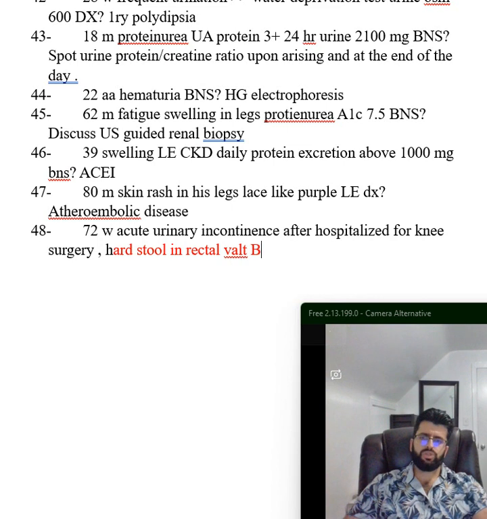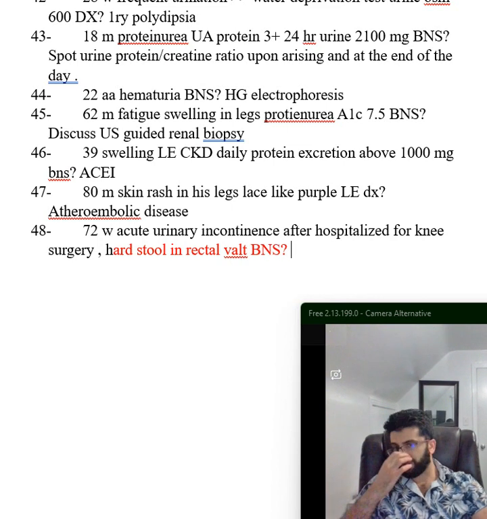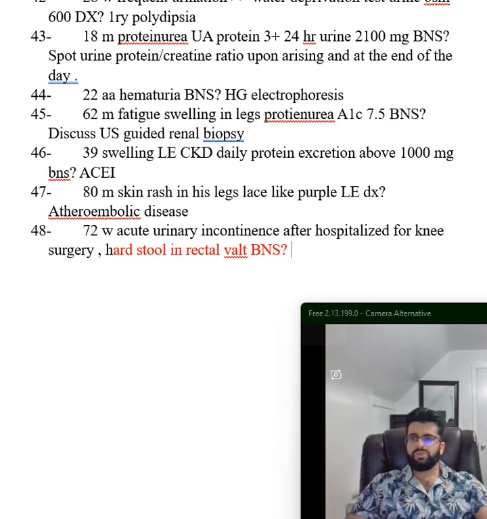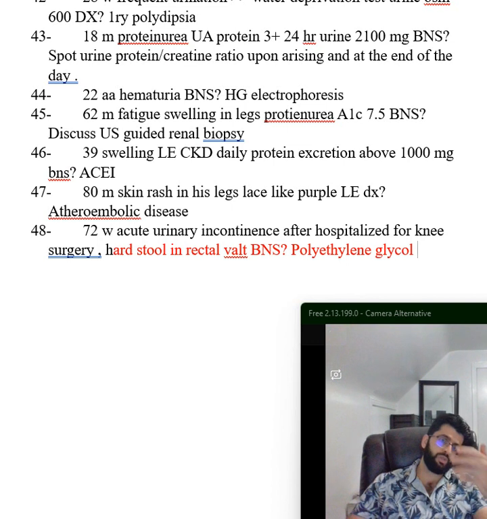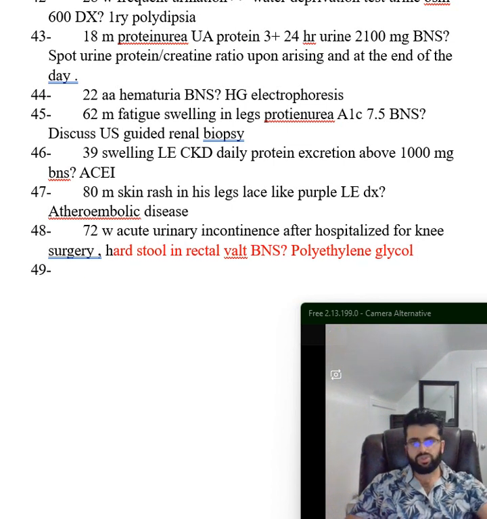So this one's tricky. They ask, what's the best next step? How do you treat this urine incontinence? You give polyethylene glycol, Miralax, because this is constipation causing urine incontinence, so you need to treat the constipation.